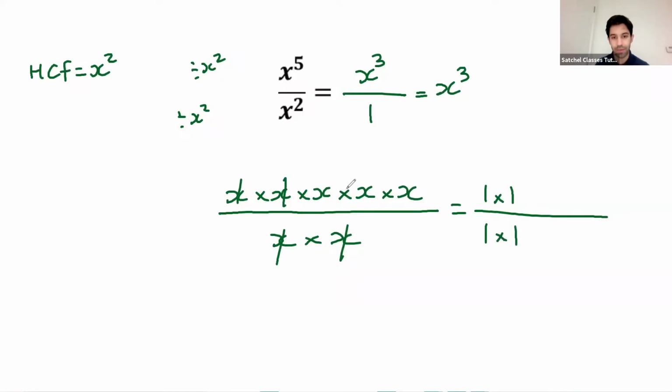And then we're left with 1, 2, 3 x's. So x times x times x. So what we'll have is 1 times 1 times x times x times x. That's going to be x cubed over 1 times 1, which is 1, and any number divided by 1 is simply itself. So x cubed over 1 is simply x cubed.